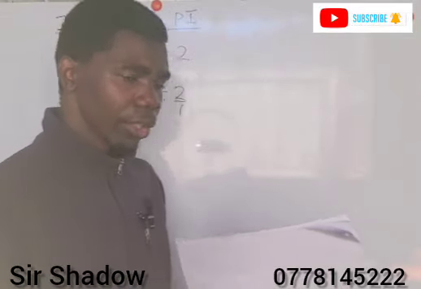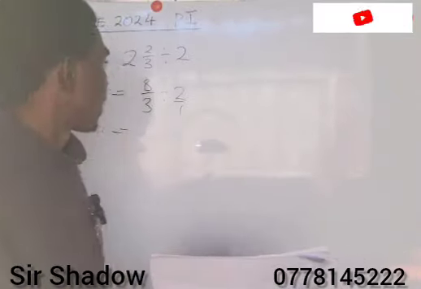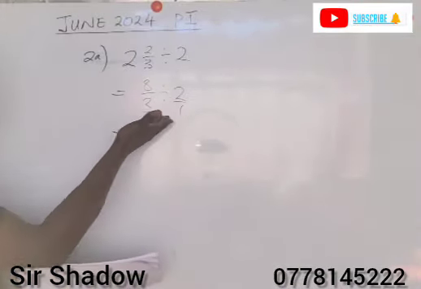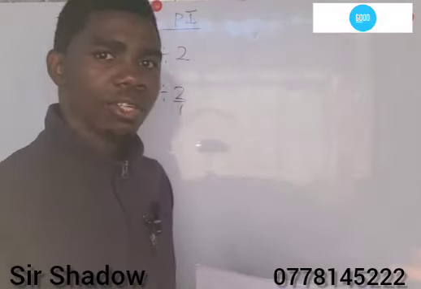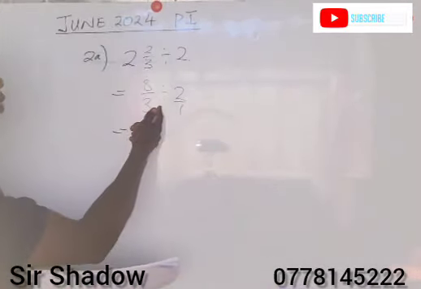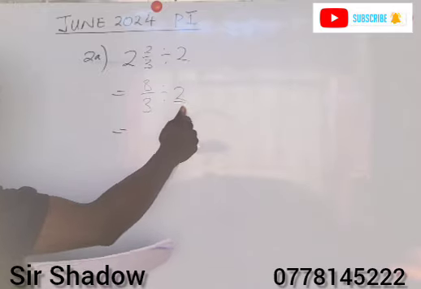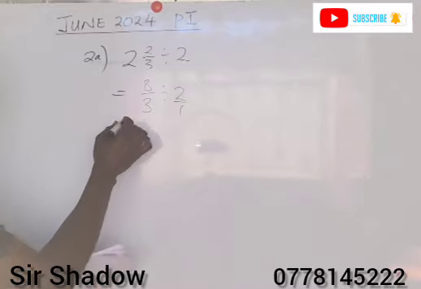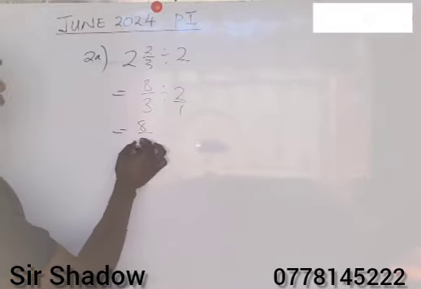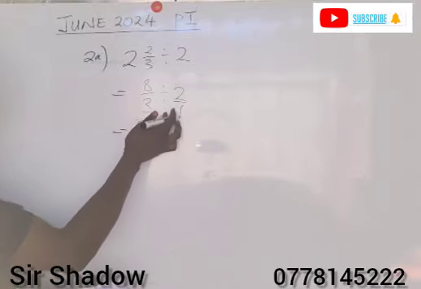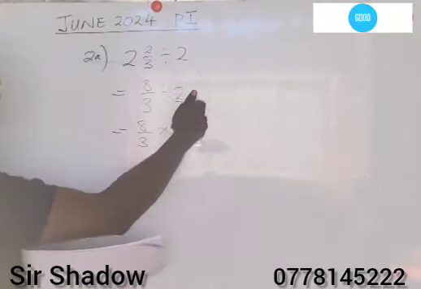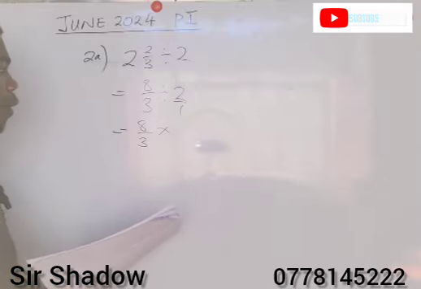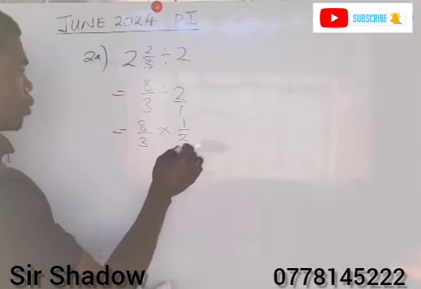So to divide, we change the division sign into multiplication, and 2 over 1 becomes 1 over 2. So we are saying 8 over 3 times 1 over 2.